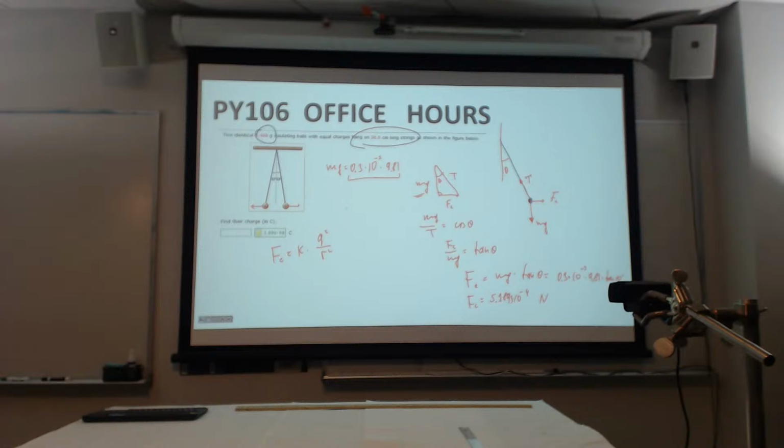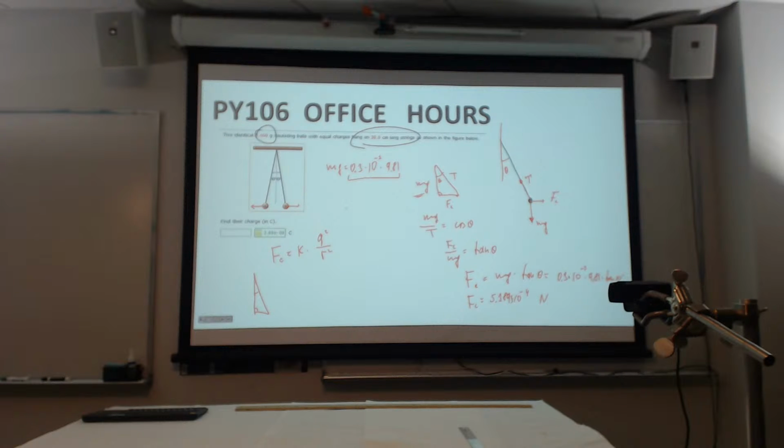How did you find the distance? So I did the sine of theta times the length of the string in meters, and then I multiplied that by 2. You see, everything you're saying is correct. So this is exactly what should have been done.